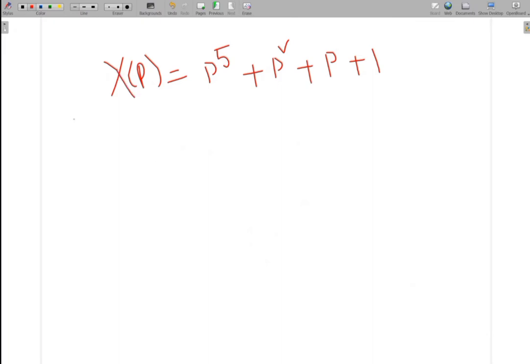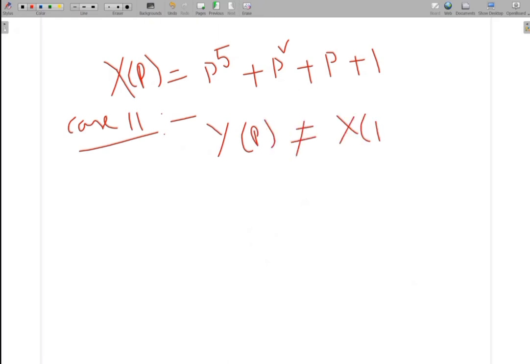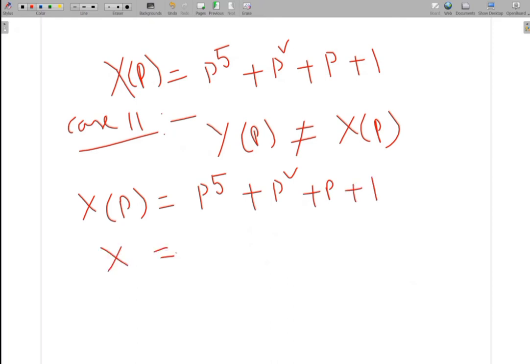In case 2, Y of P is not equal to X of P. Suppose X of P is converted: X of P is equal to P power 5 plus P square plus P plus 1. X vector is P power 6, P power 5, P power 4, P cube, P square, P power 1, 0.